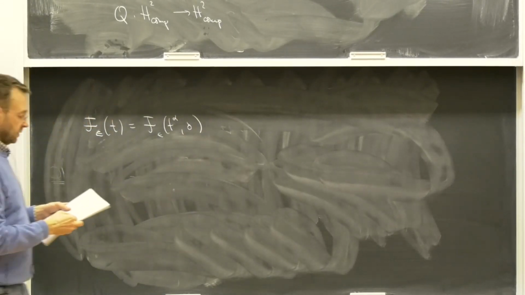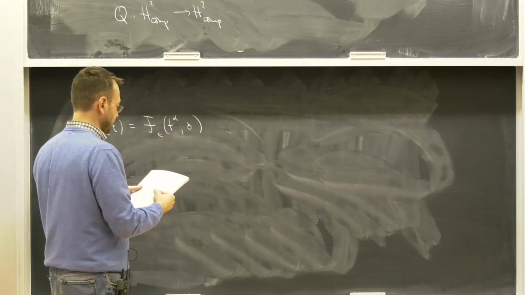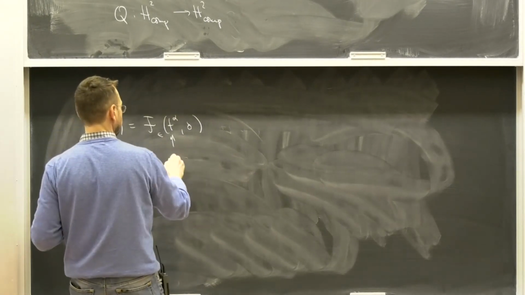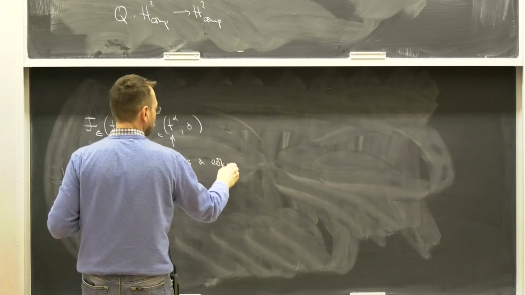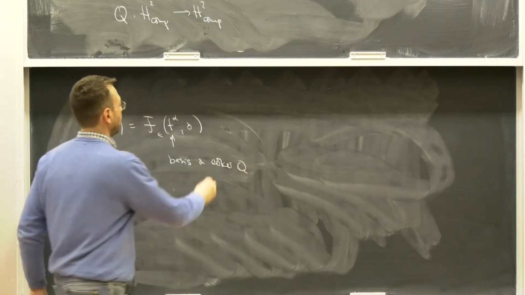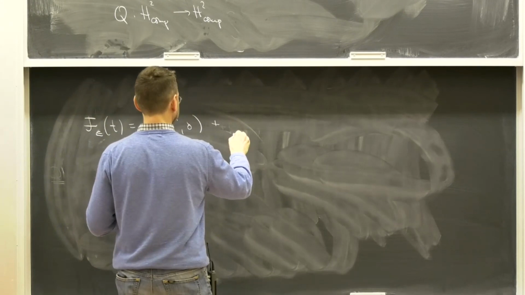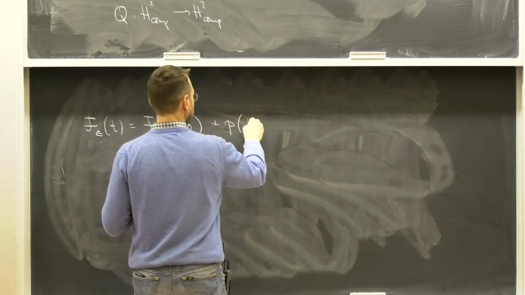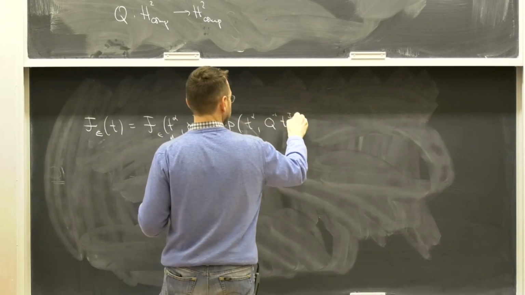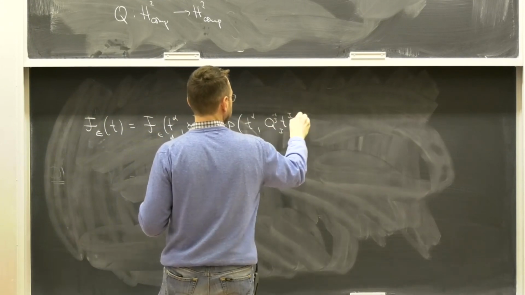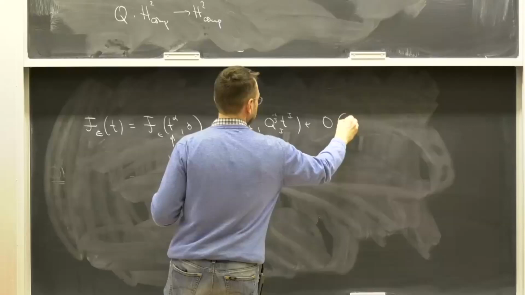Here t alpha is a basis in the co-kernel of my map Q. And then plus I will have some polynomial when I evaluate t alpha. Then I will have some Q inverse on this t_ij, plus terms of order epsilon.